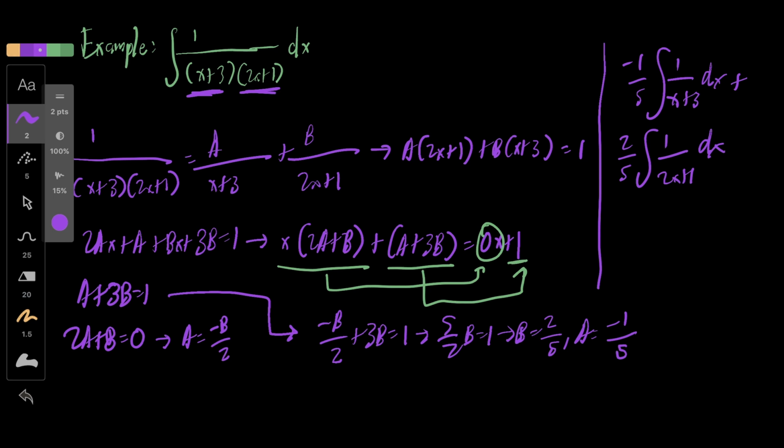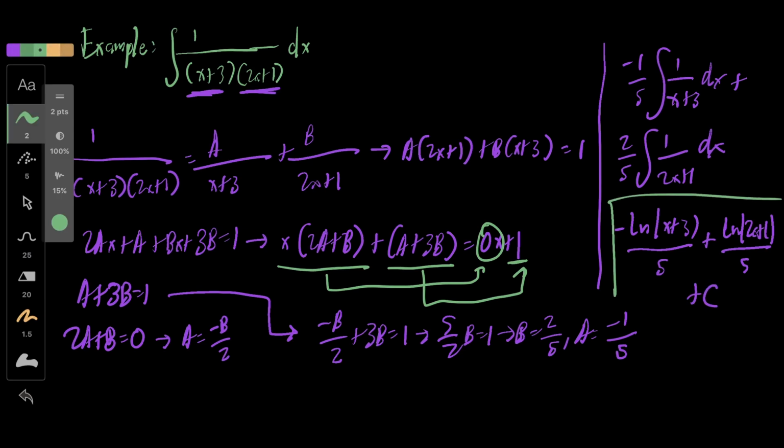So we get minus ln of x plus 3 over 5 plus natural logarithm of 2x plus 1 over 5 plus c, and that is our final answer to this problem.